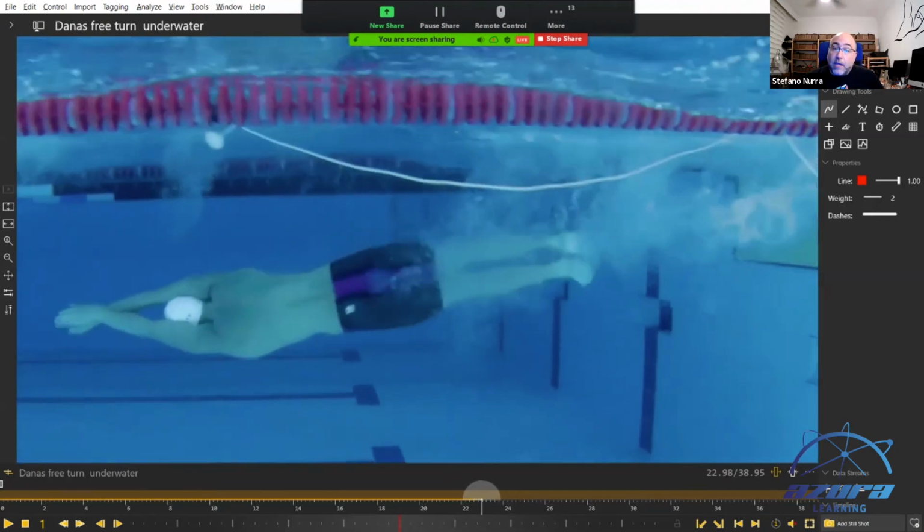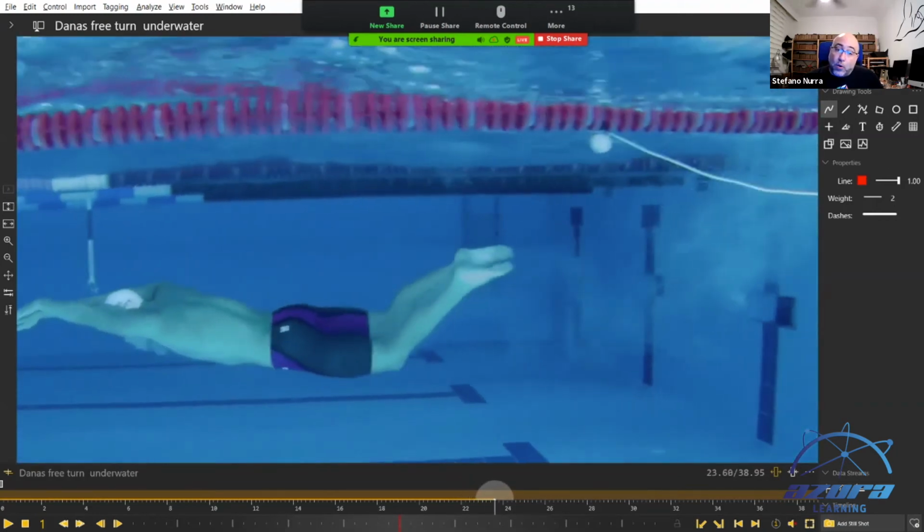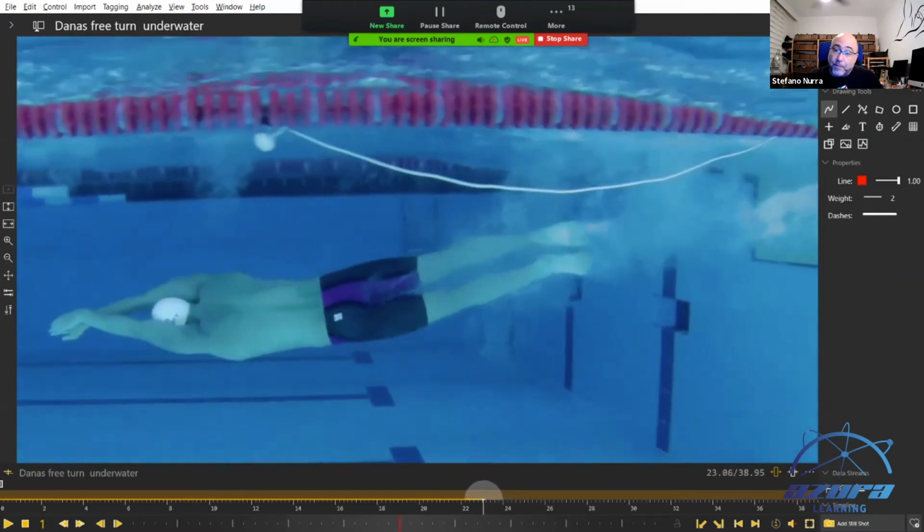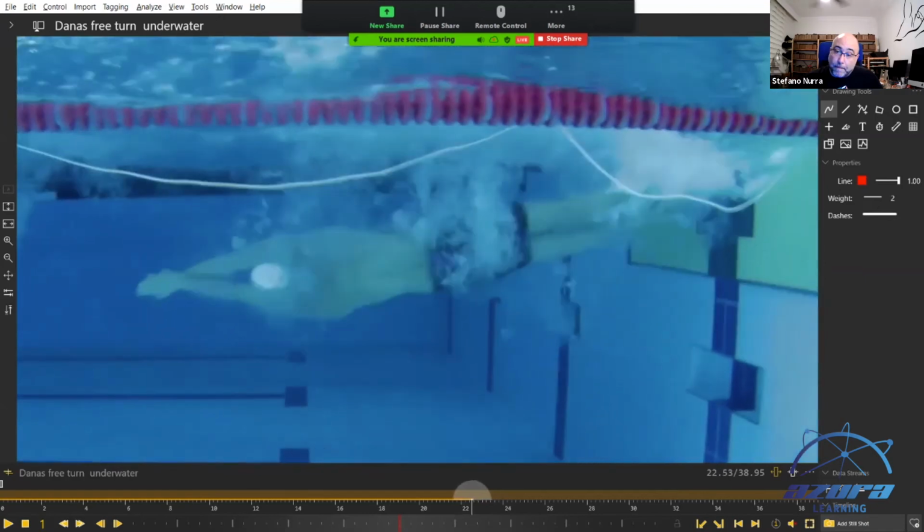If my athlete is able to do a long underwater phase, we can point a little bit more down. If my athlete doesn't have a very long one, we can point maybe here, but only to one limit, because there are the waves.